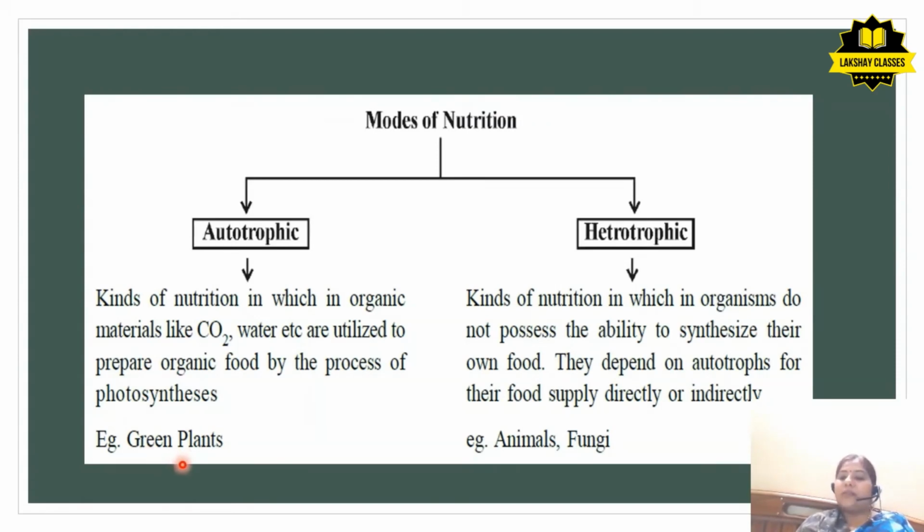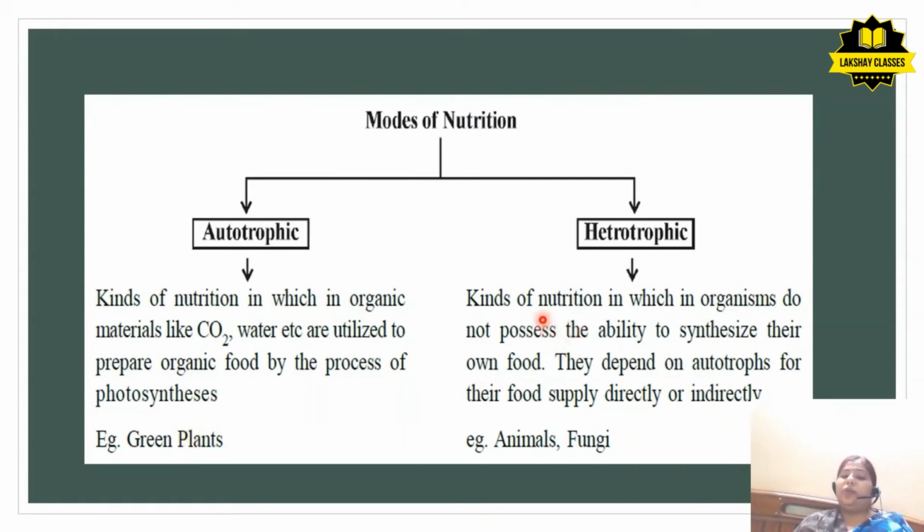So plants prepare their food with the help of four ingredients. As if we want to prepare any dish, we need ingredients, right? So plants also need four raw materials, or you can say four ingredients, to prepare their food. That is carbon dioxide, water, sunlight and chlorophyll.